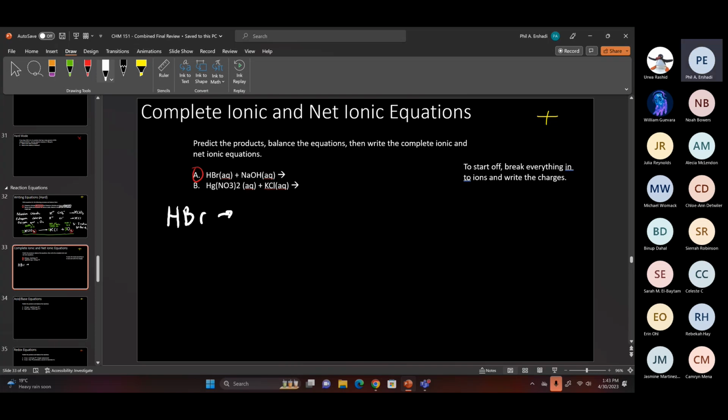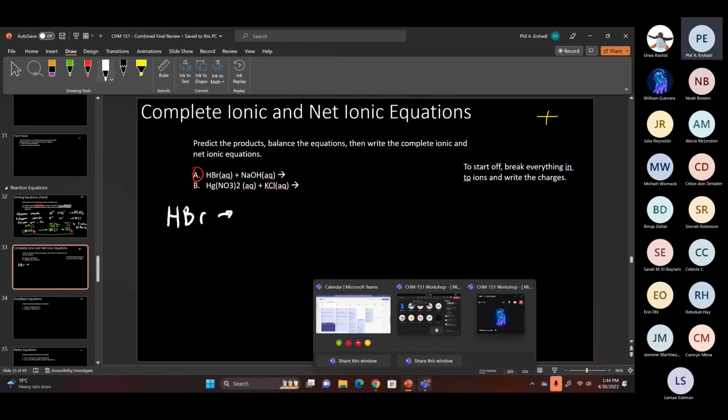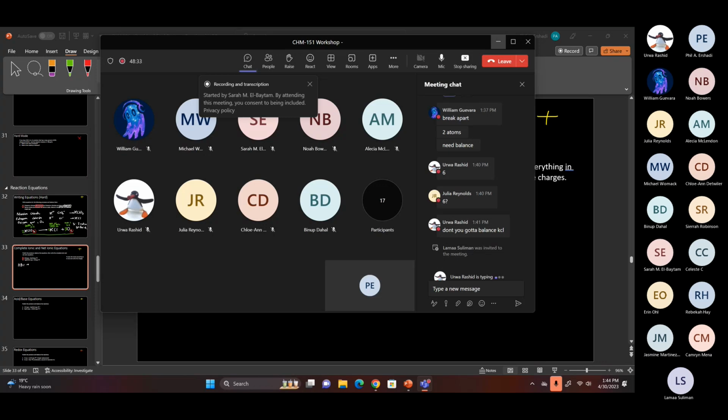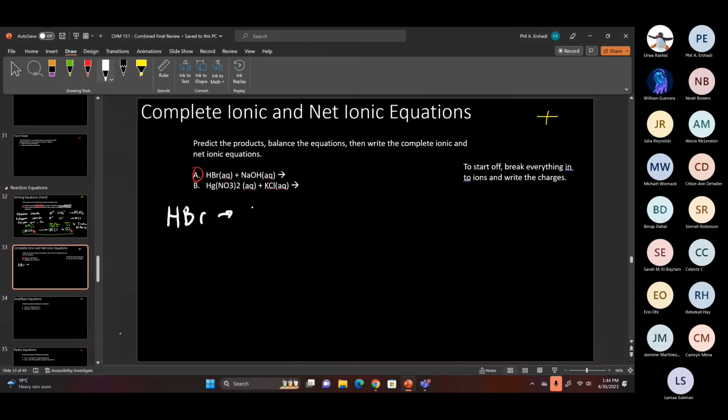If you break that into ions, what ions should you get? And what charges would the ions be? What are the pieces, what are the charges if you broke HBr? H plus and Br minus. Excellent. I'm going to write that down.